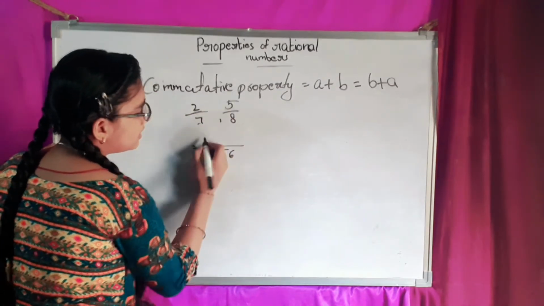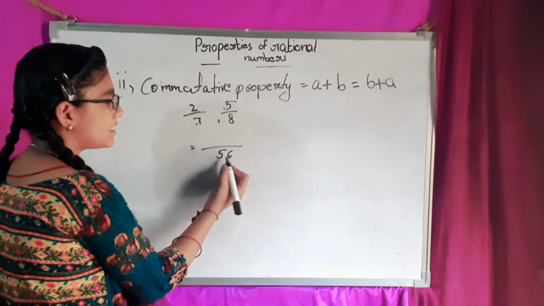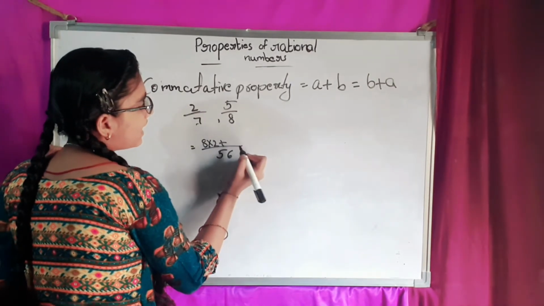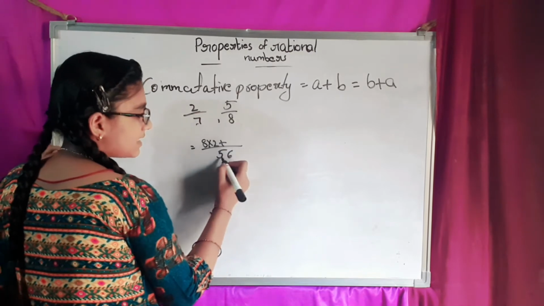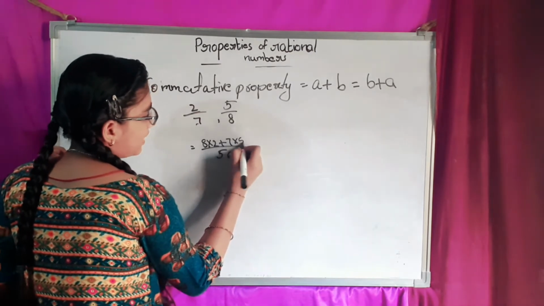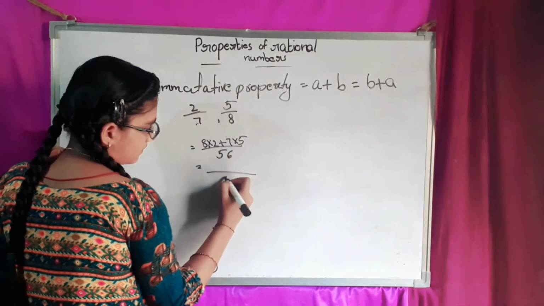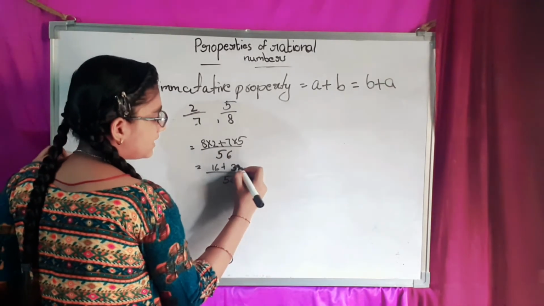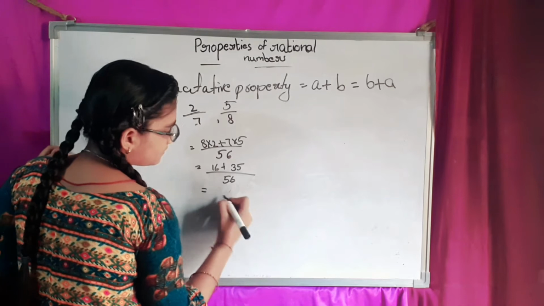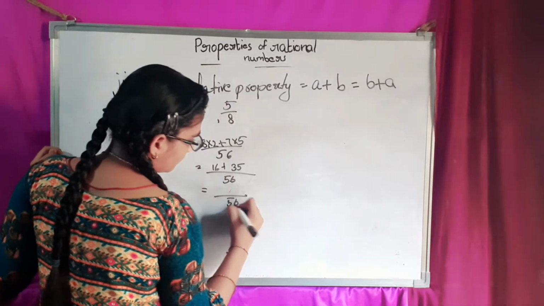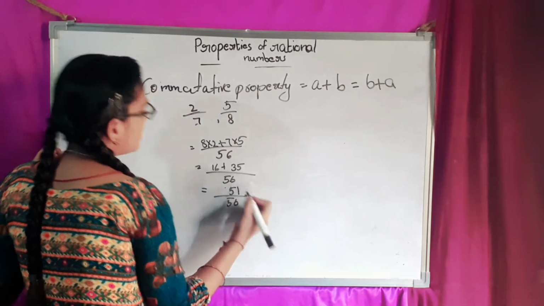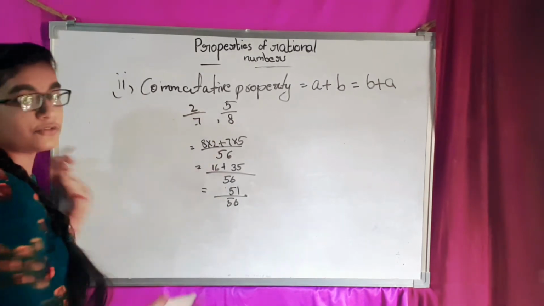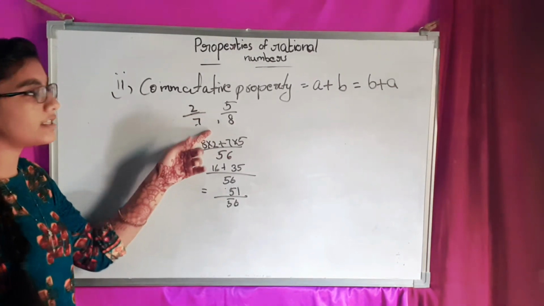In the 7 table, 56 goes 8 times, so 8 into 2, plus 7 into 5. 8 into 2 is 16 plus 7 into 5 is 35. 51 is the answer.